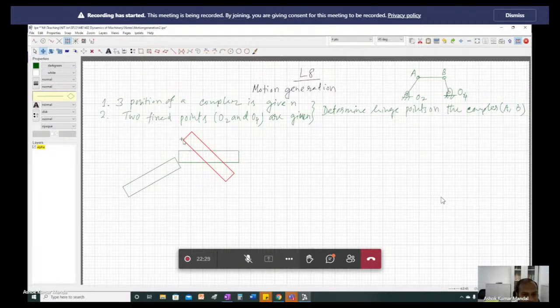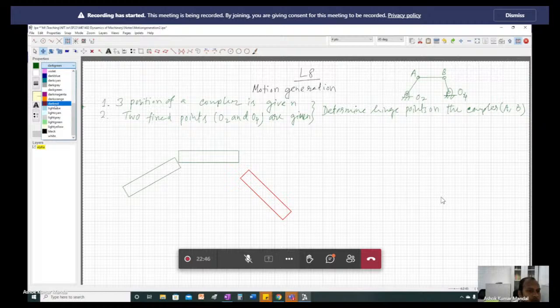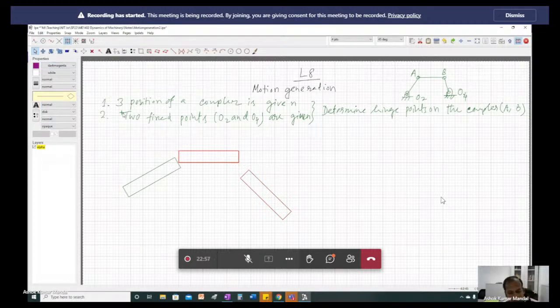Let me place it somewhere here. Okay, so I will give some different colors to it so that we can differentiate between three different positions.